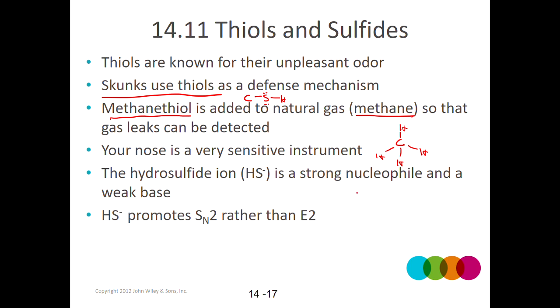It could potentially cause asphyxiation that way, but you wouldn't know because you can't smell it. So a tiny amount of methane thiol is added to methane, and that only takes a very, very small amount for you to detect it if it's present.